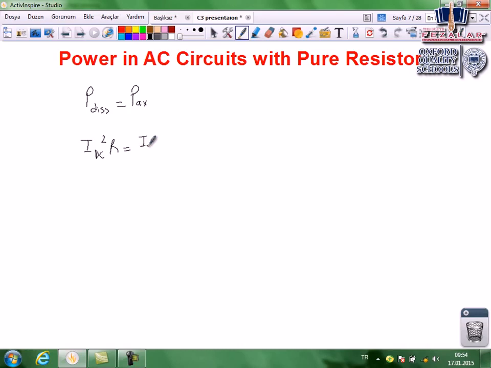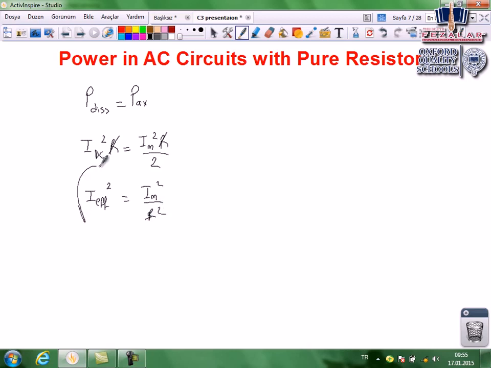Maximum power is I m squared R over 2. You see both sides have R, we can simplify them, and this is the effective value, because effective current is the effect of DC in AC circuits. We can write instead of I DC, I effective squared equals I m squared over 2.